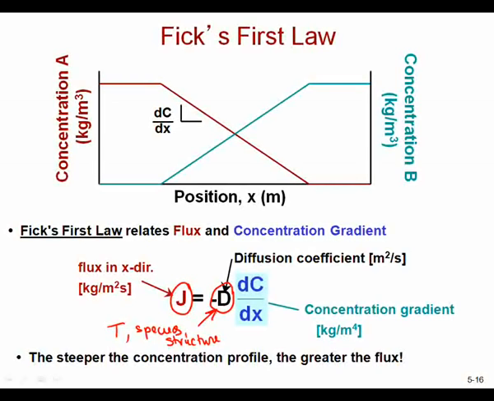And we'll talk about that more in detail. The other thing that comes in with Fick's first law, that you maybe haven't talked about before in your classes, is the concentration gradient. So if you do a unit analysis, you'll see the units for the concentration gradient are kilograms per meter to the fourth.